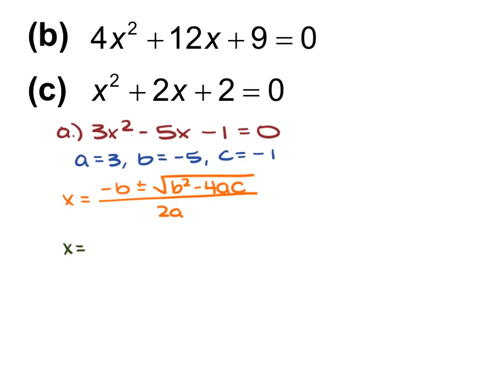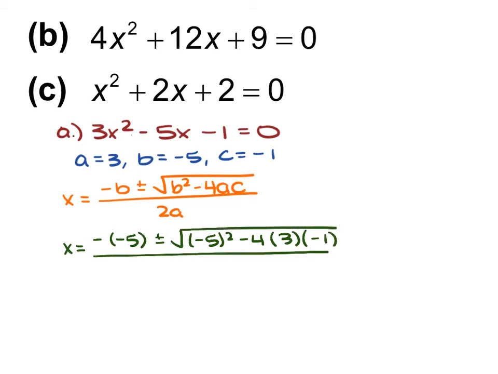We have x is equal to the opposite of negative 5 plus or minus the square root of negative 5 squared minus 4 times a, which is 3, times c, which is negative 1, all over 2 times a. So 2 times 3.